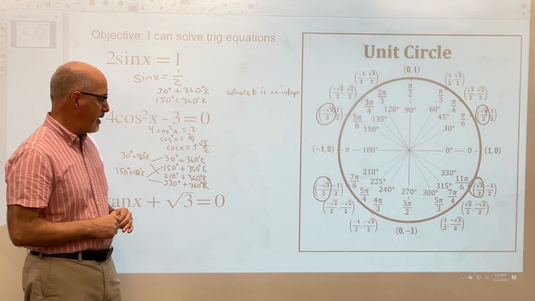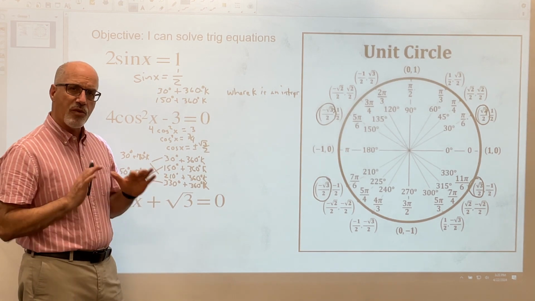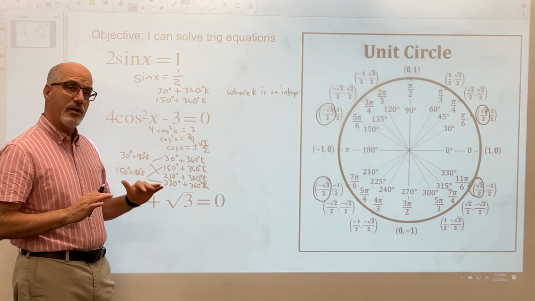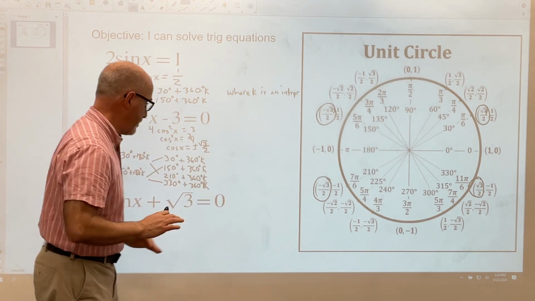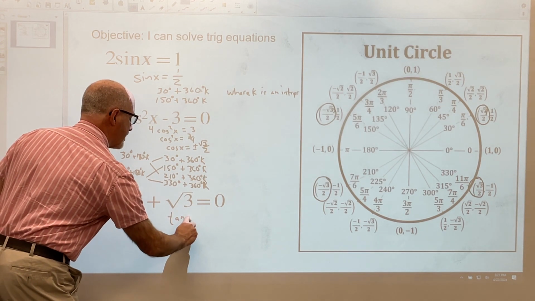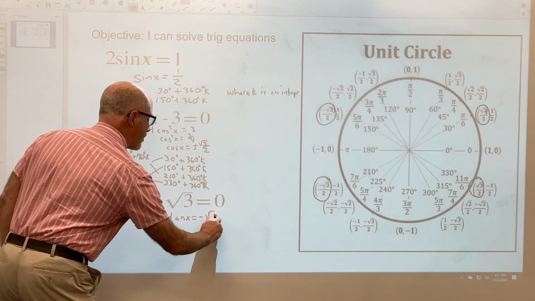Now let's try the tangent. Just a reminder that tangent has a period of 180 degrees. So when I do this, I'm going to go tangent of x equals negative square root of 3.